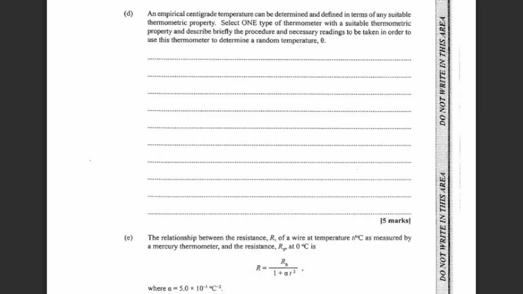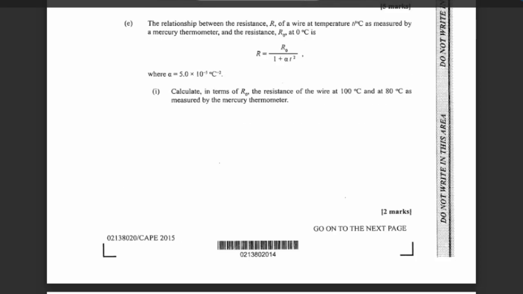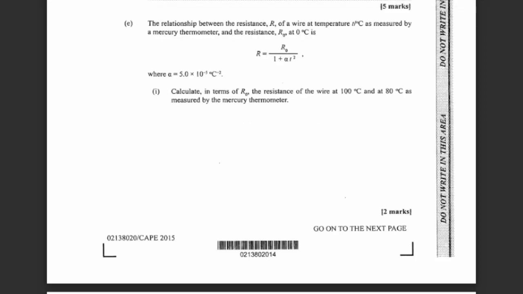Moving on to part E of the question. The relationship between the resistance R of a wire at temperature T in degrees Celsius as measured by a mercury thermometer and the resistance R0 at 0 degrees Celsius is R is equal to R0 divided by 1 plus alpha times T squared, and T in this instance is the temperature.